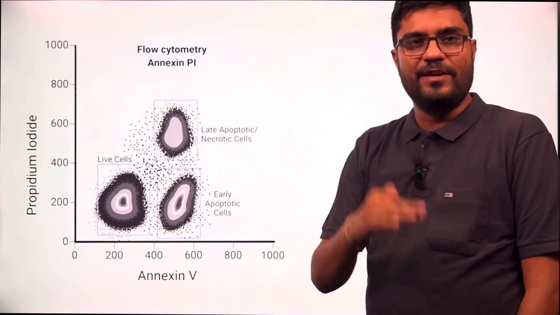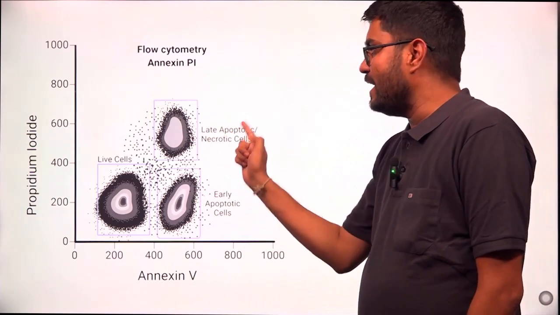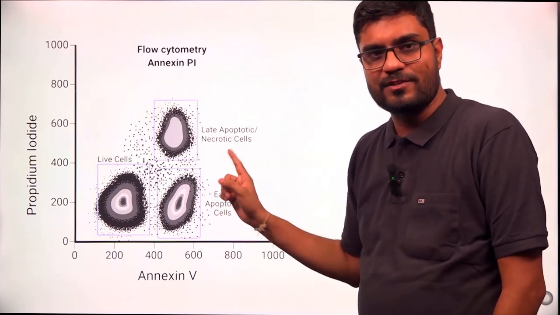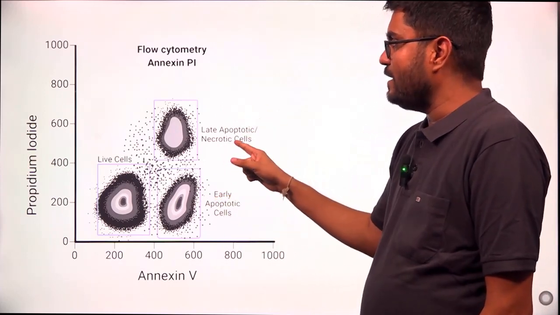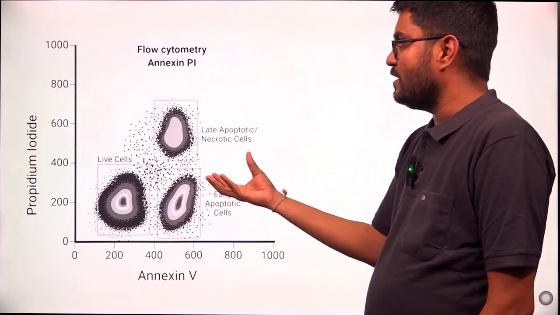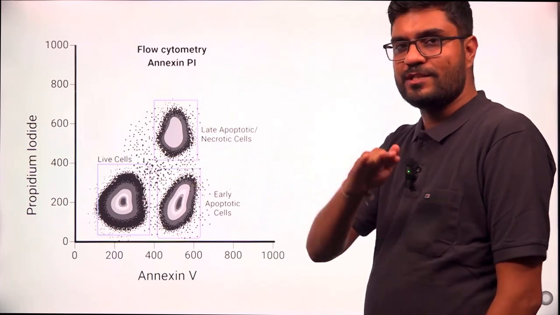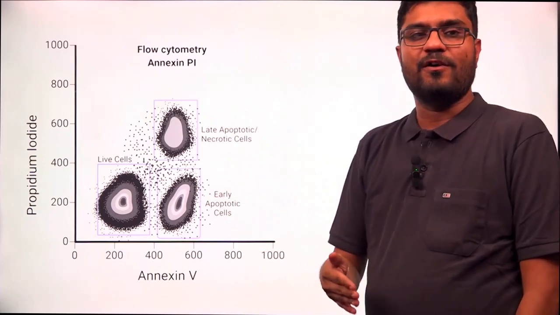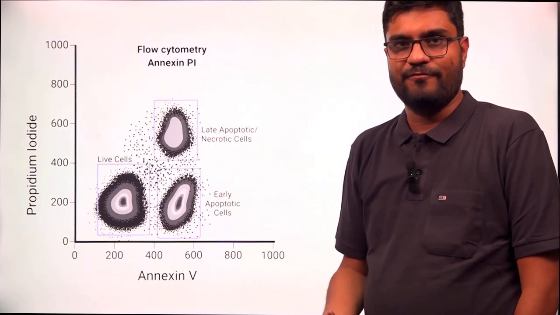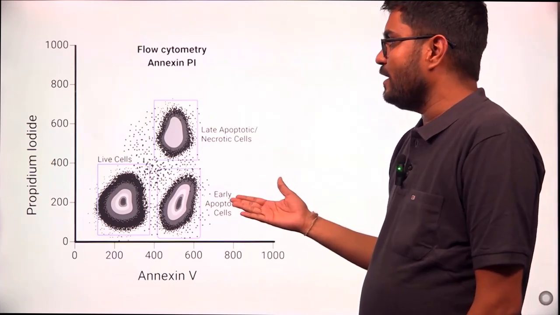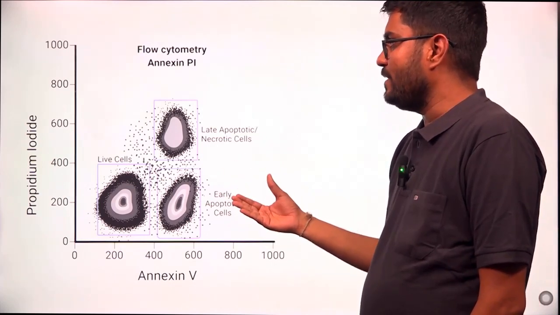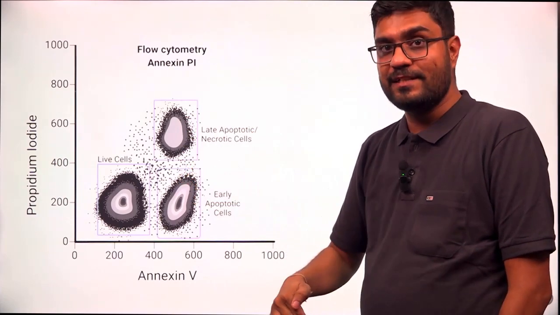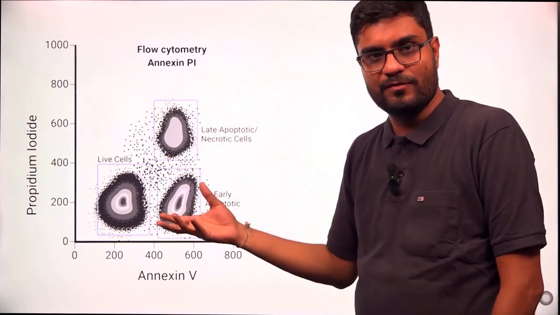We cannot differentiate whether these cells are dead because of apoptosis or because of necrosis, because the Annexin-PI staining is telling us that PI is entering, so the cells are permeable. If the cells are permeable for PI, they will also be permeable for Annexin-5. And if Annexin-5 can enter, it can bind to phosphatidylserine present inside the cell as well as outside of the cell.